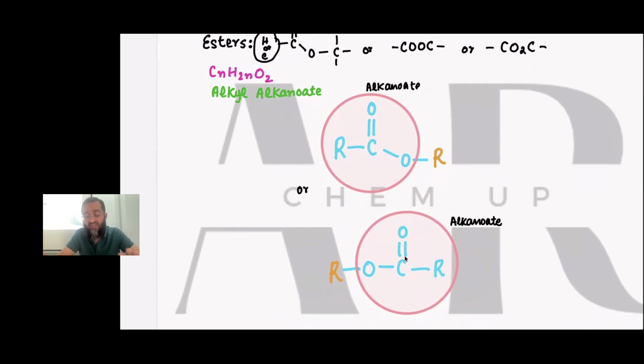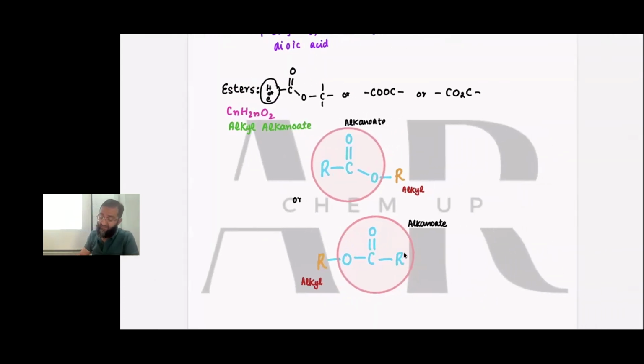The carbon chain which is just bonded to an oxygen only is called alkyl. Is this clear? So on the basis of that, we are going to write the whole name, alkyl alkanoate.